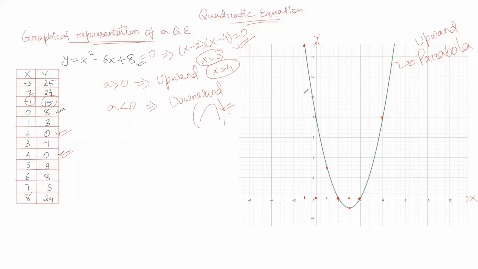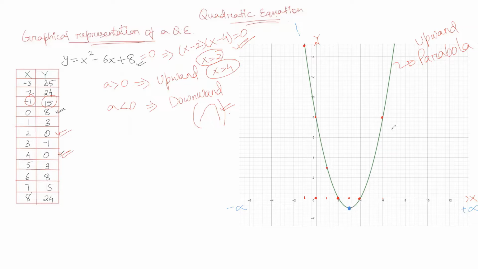Now, another thing that we can observe from this graph is that when x was increasing from minus infinity to plus infinity, initially the value of y was a very big number. And when we kept on increasing the values of x, the value of y kept on decreasing and it attained a minimum value.